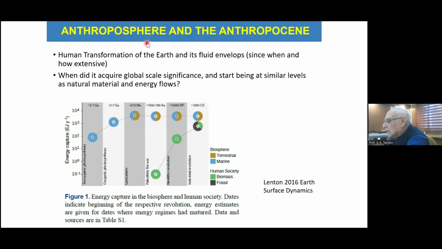So now let us look at two terms. Anthroposphere is the sum total of all activities that humans have made for time immemorial, no boundaries in terms of time, ever since the human species are there, including modern humans. And then the Anthropocene is a more time restrictive term, but they're very interlinked.